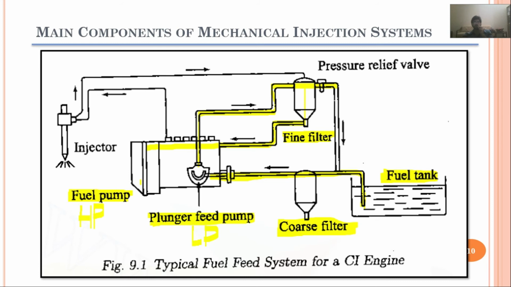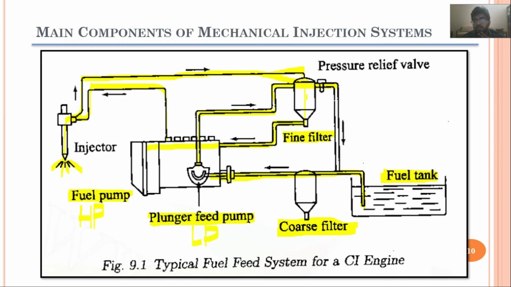And from this fuel pump, the fuel is being supplied to the injector, and then sprayed inside your combustion chamber. If there is some excess fuel, it is sent back to the fine filter, and then it can be reused again.